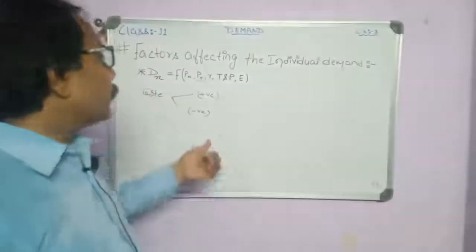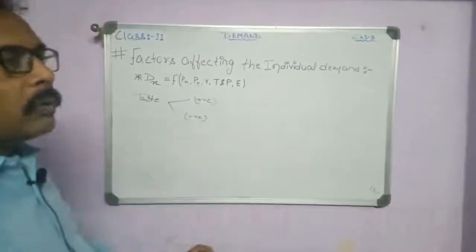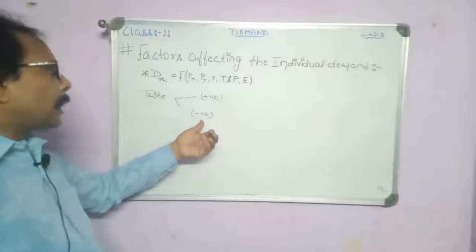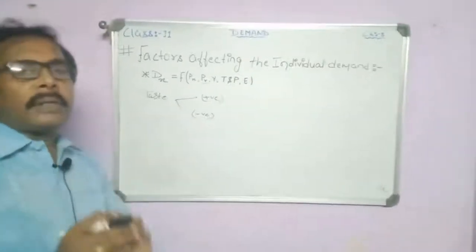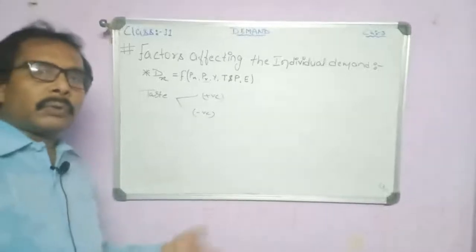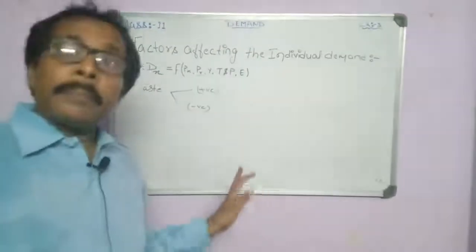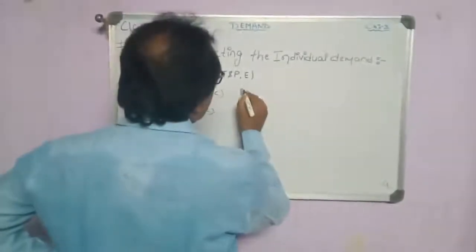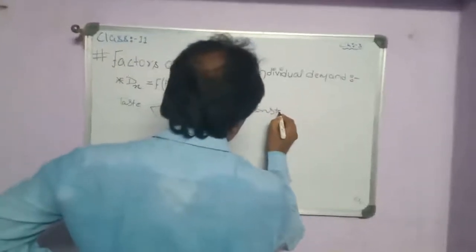So if you have the positive taste, it means you are ready to buy more quantity, and if you have the negative taste, it means you are ready to buy less quantity, or you are not interested to buy the commodity even though there is no change in price. So again, the price is constant.